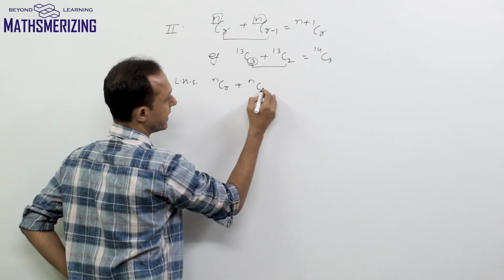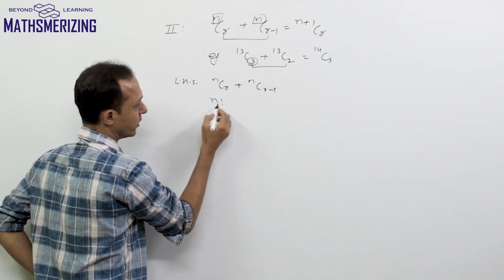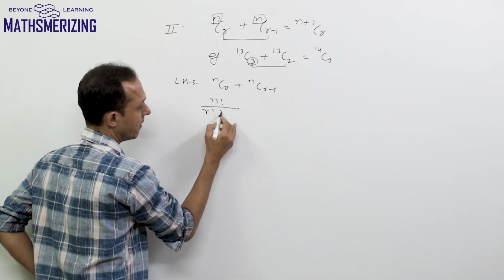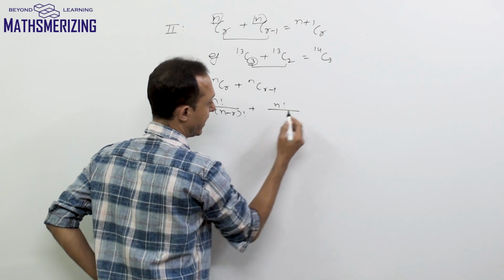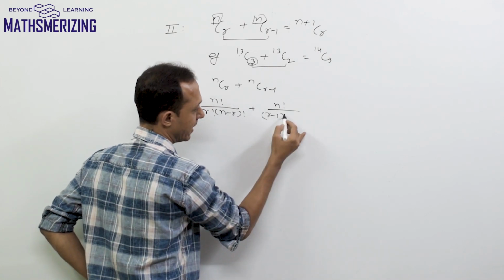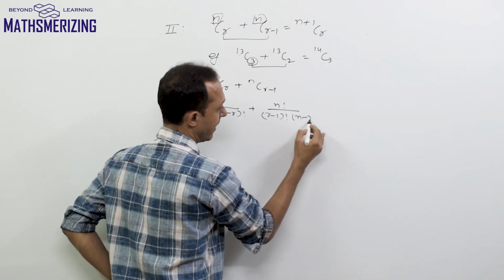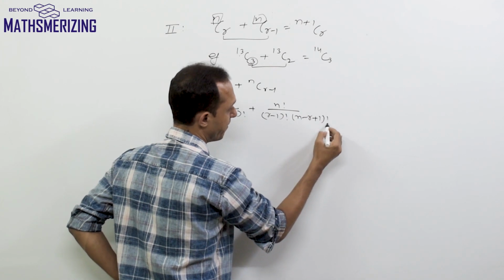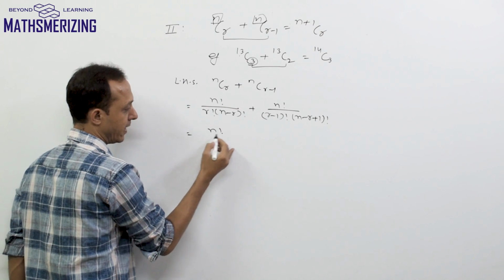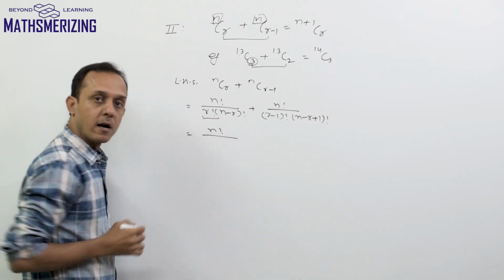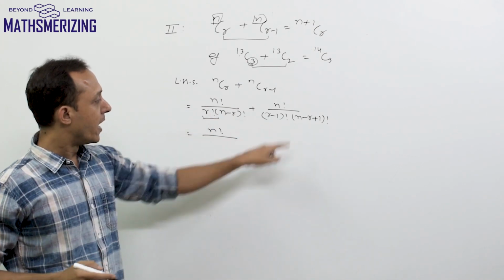NCR plus NCR minus 1. So that is factorial n over factorial r, factorial n minus r, plus factorial n over factorial r minus 1, and then n minus r plus 1. Now I'll write it as factorial n, and for factorial r, I'll write it as r into factorial r minus 1.